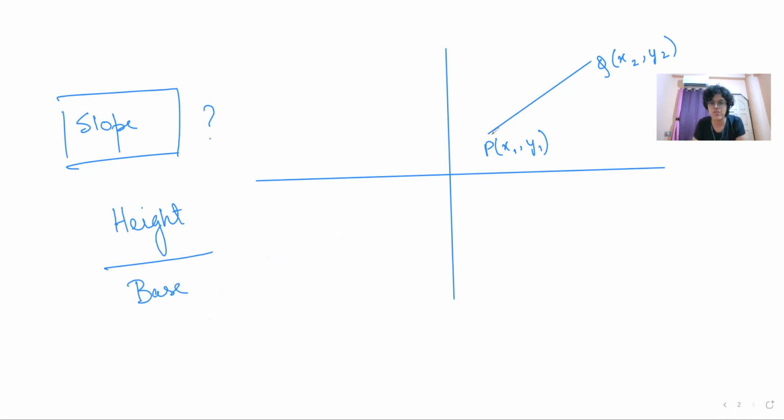So for example, let's say you start from P and you reach Q, your travel or the distance you have traveled will have 2 components. You will gain 2 things here. First, you will climb a height, and second, you would move horizontally forward, right? This and this. That's what slope is.